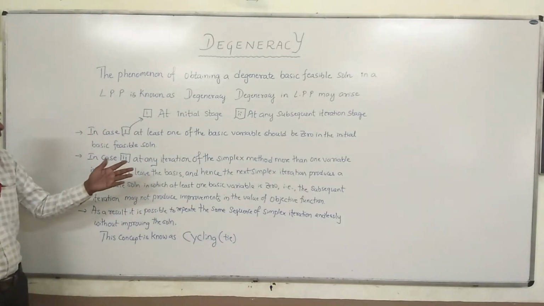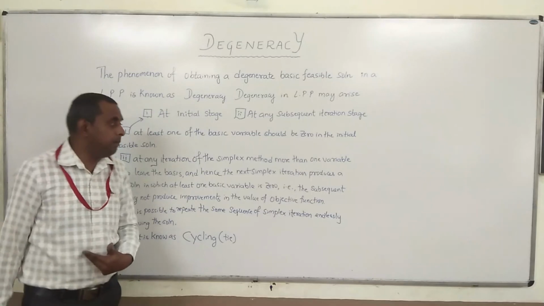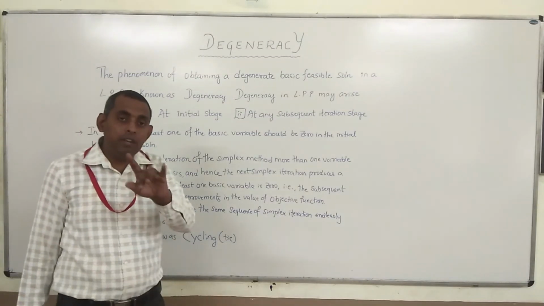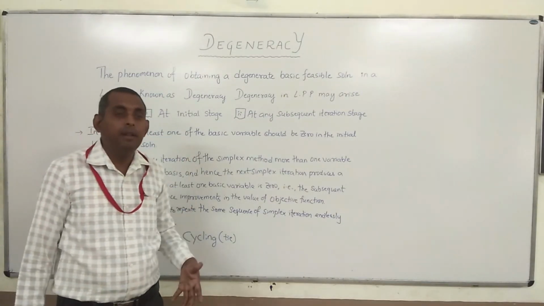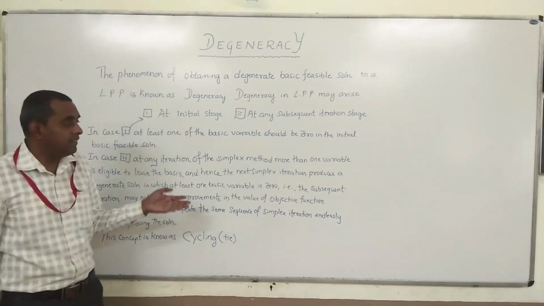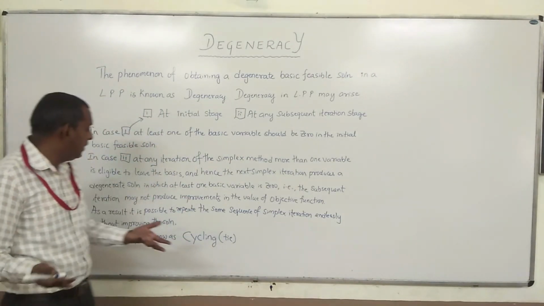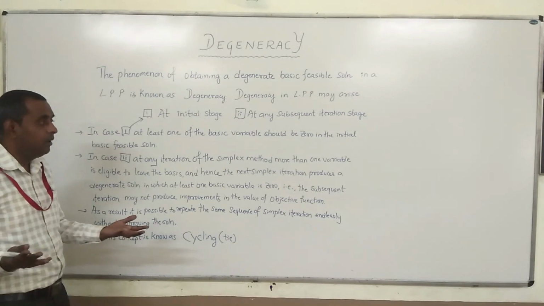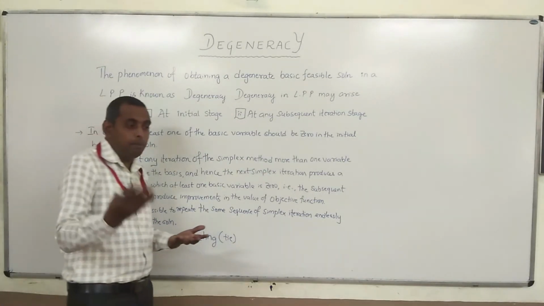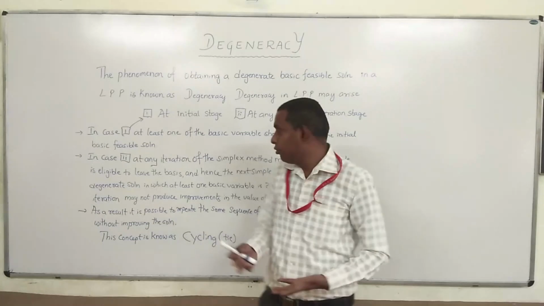In case 2, at any iteration of the simplex method, more than one variable is ready to leave the basis, and hence the next simplex table produces a degenerate solution.